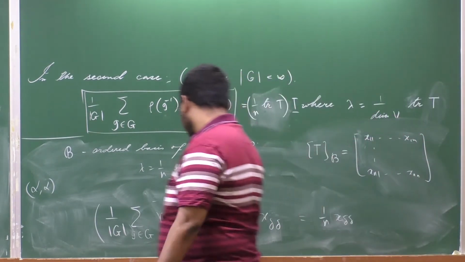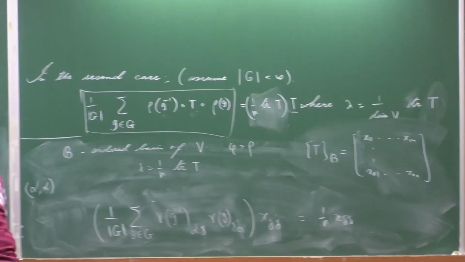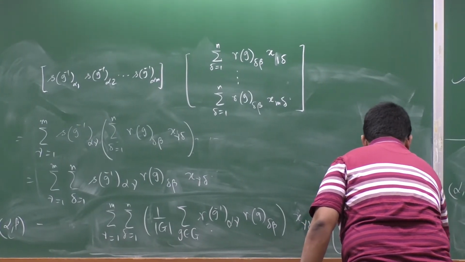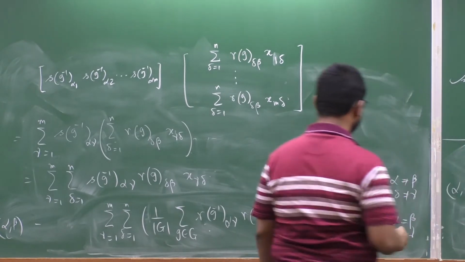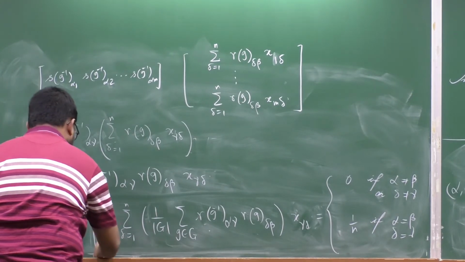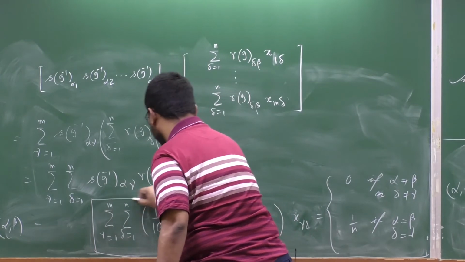So therefore this becomes exactly 1 by n if alpha equal to beta and gamma equal to delta. Okay. So thus we obtain the relations regarding these matrix coefficients.